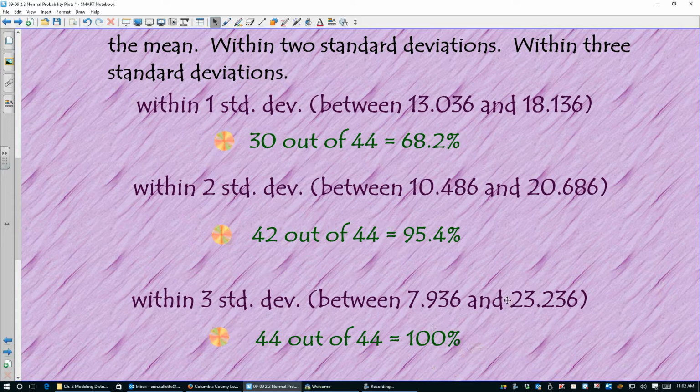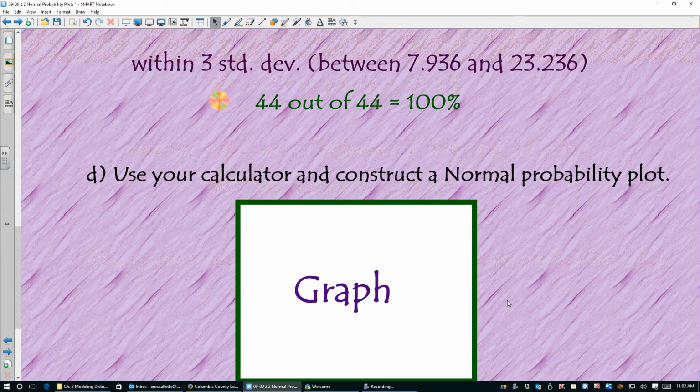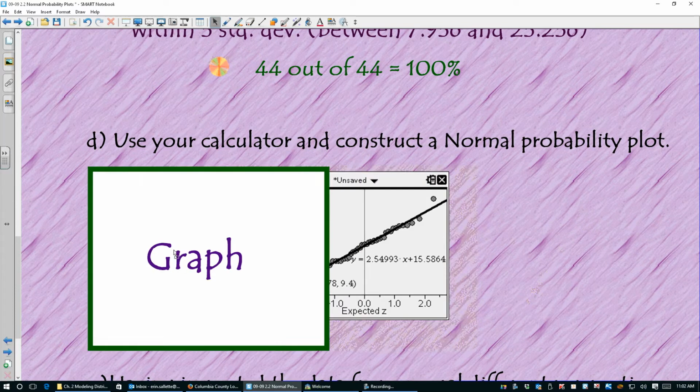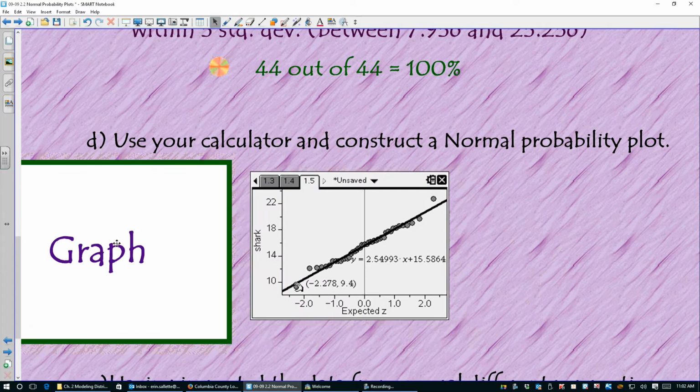So is it normal? Well, tomorrow what we're going to do is use that list in your calculator to construct a normal probability plot, and we will judge from there whether or not we think it's normal. We can go off of the graph that I have for now. I'm seeing data that's pretty close to a straight line. I might have a couple of pieces here.